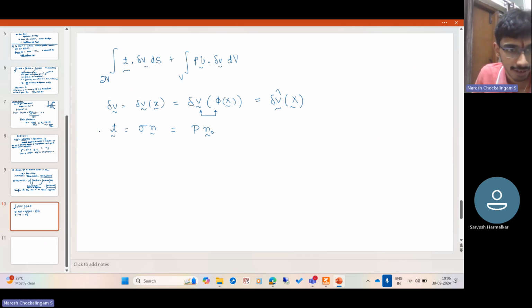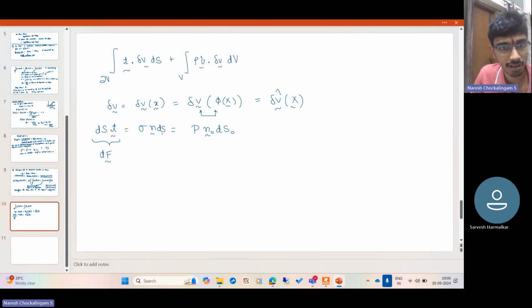So you can write t ds as this one, which is just ds naught. t ds is a force df. This traction is the force per unit deformed area, and t itself is sigma n, so sigma n ds, but ds is the deformed area.